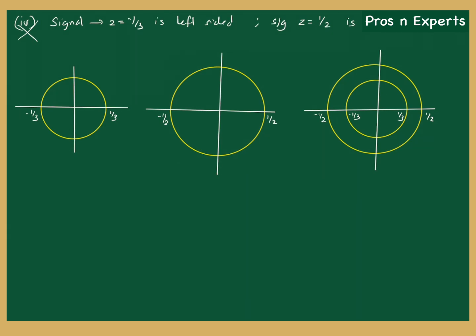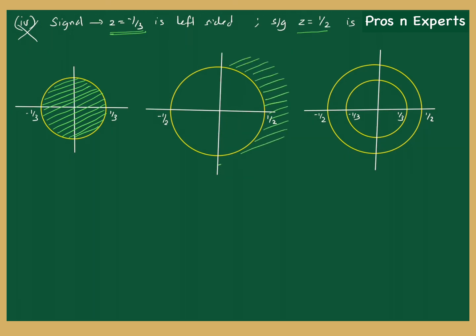So if the signal corresponding to z equal to minus 1 by 3 is left-sided, then the ROC should be like this, right? Left-sided signal means inner to the circle corresponding to this pole z equal to 1 by 3. And if the signal corresponding to pole z equal to half is right-sided, then you must get an ROC like this.